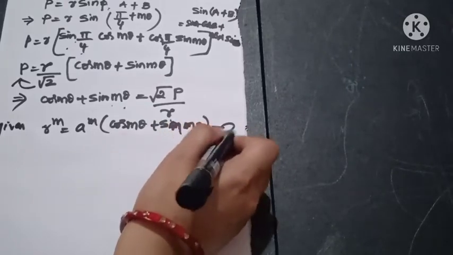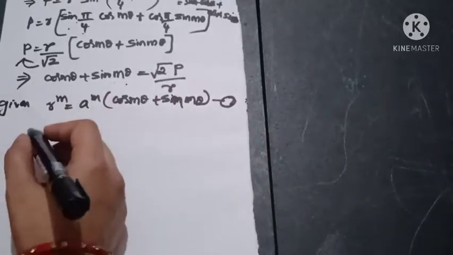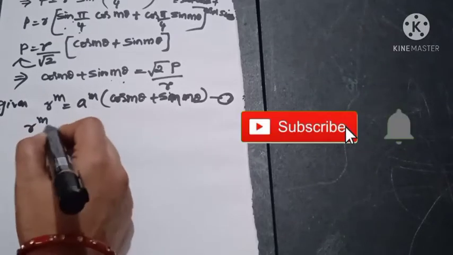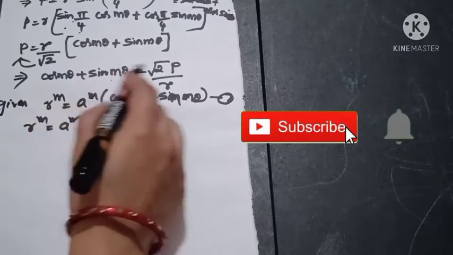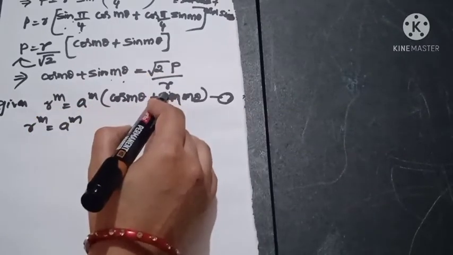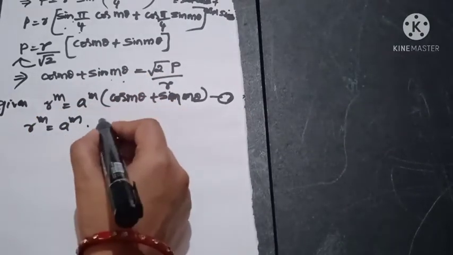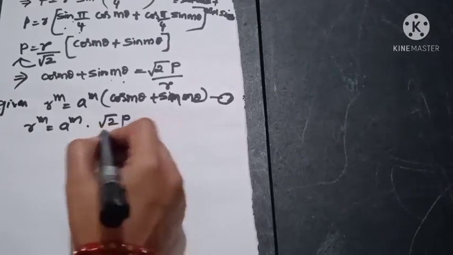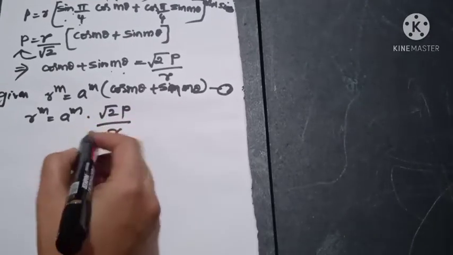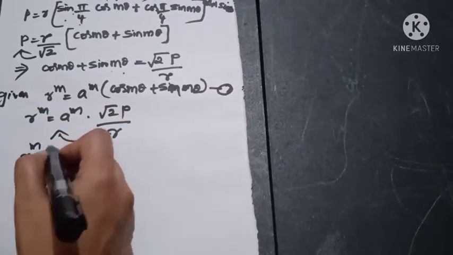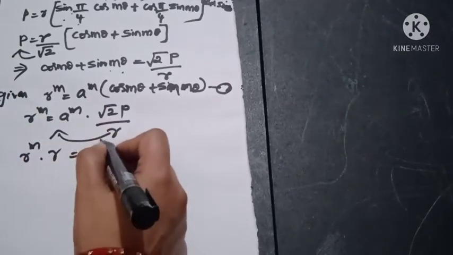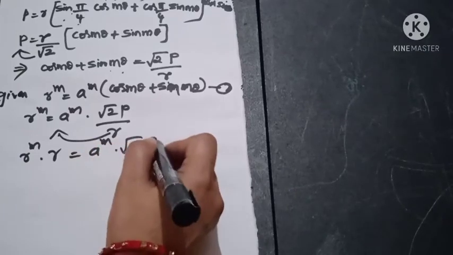We'll take the curve as equation number 1: r to the power of m is equal to a to the power of m into (cos m theta plus sin m theta). Just now we found that cos m theta plus sin m theta is root 2 into p by r. So substitute root 2 p by r. Taking this r to the LHS, r to the power of m into r is equal to a to the power of m into root 2 p.